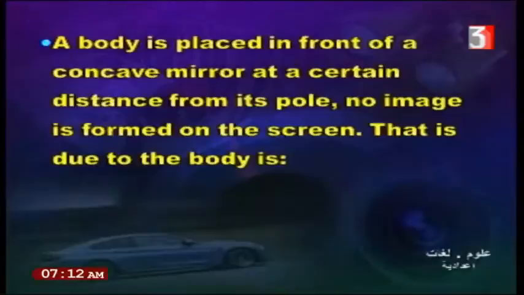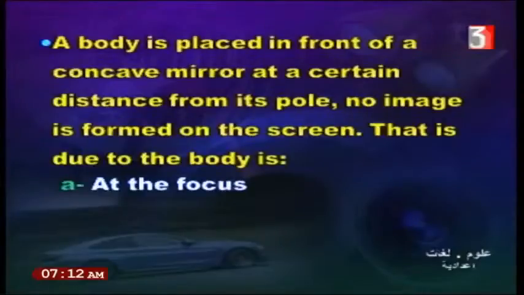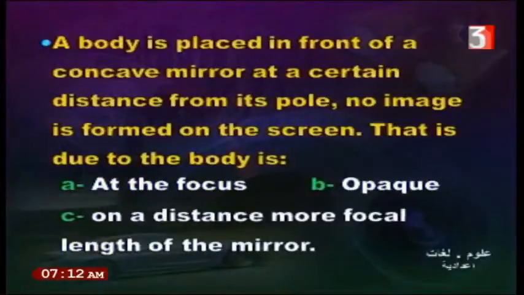A body is placed in front of a concave mirror at a certain distance from its pole. No image is formed on the screen. That is due to the body being at the focus, or on a distance more than the focal length of the mirror. What is the reason for no formation of an image here?